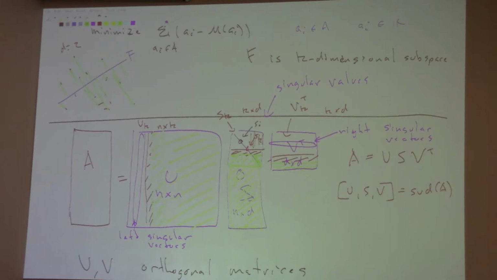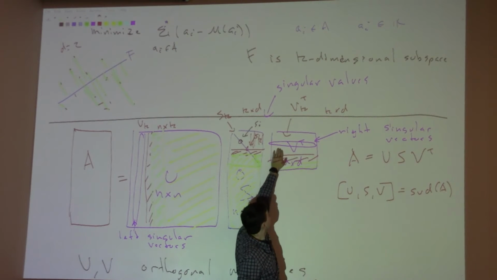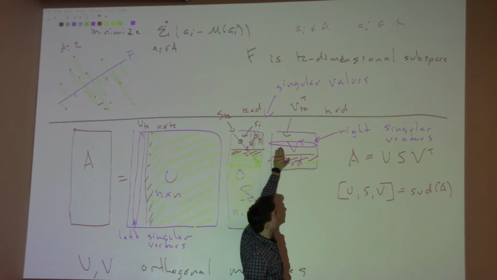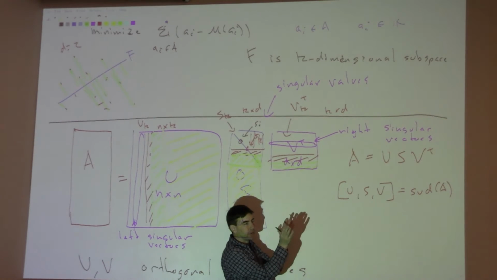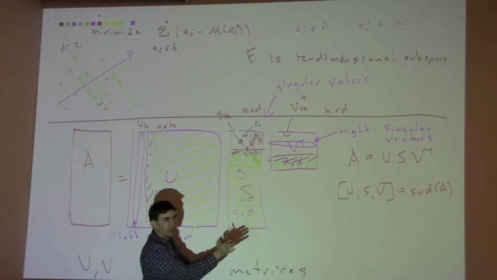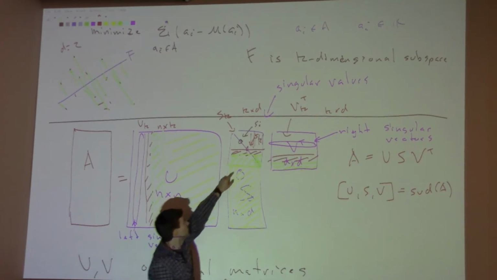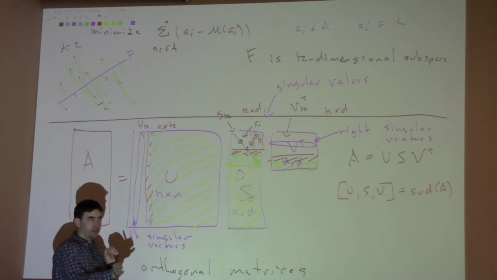What's going to happen is, and I'll draw some pictures to help with this, these right singular vectors are going to give us a basis, like a coordinate system that lives in F, the subspace that we found. These singular values are going to tell us how important each of those directions is.